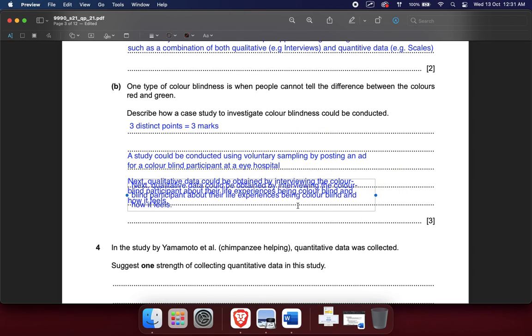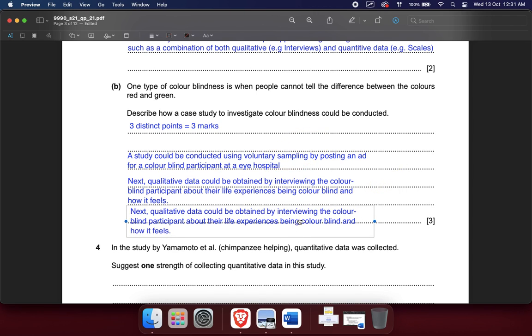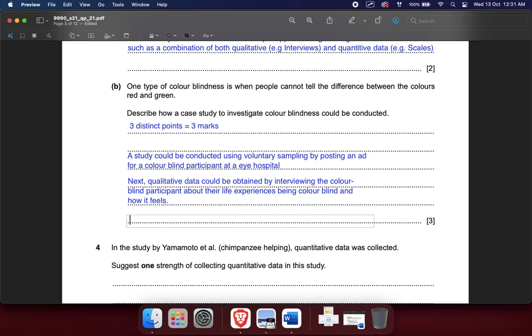And then lastly, maybe you could say, so we're talking about color. What kind of scales can we talk about in terms of color?